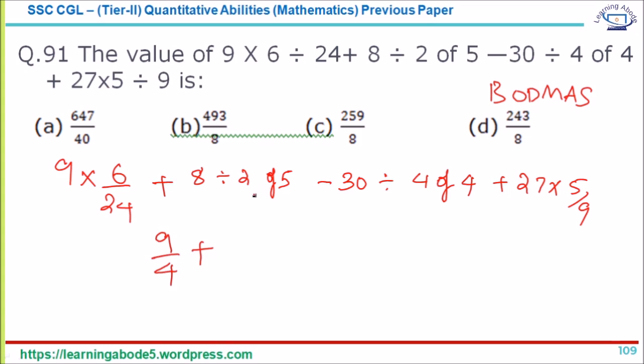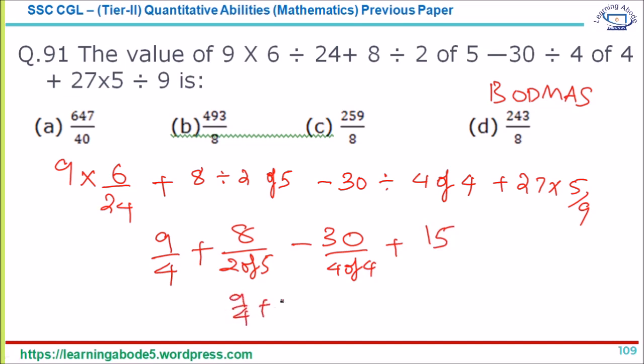Now 2 of 5 is 2 into 5, so you can write it as 8 by 2 of 5 minus 30 divided by 4 of 4 plus 15. So you get 9 by 4 plus 4 by 5 minus 15 by 8 plus 15.